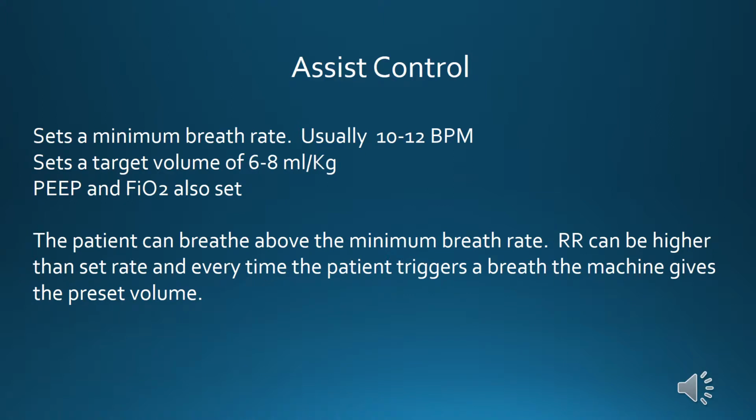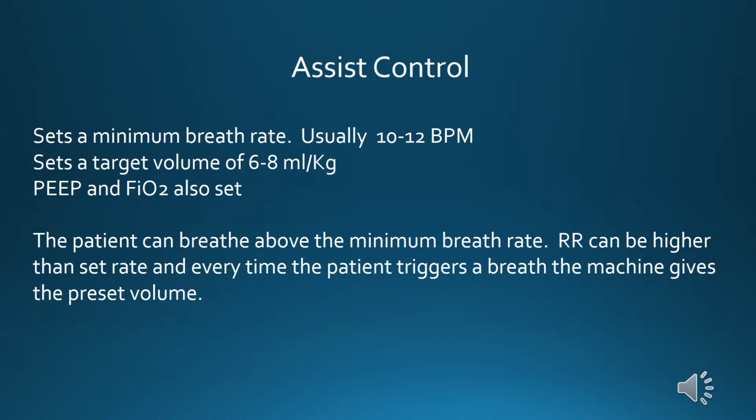You do not want to set it as years ago we used to do, 10 to 15 milliliters per kilogram, and that causes ventilator-associated lung injury, or VALI. Very bad to overdistend and shear the alveoli on a continual basis like that.